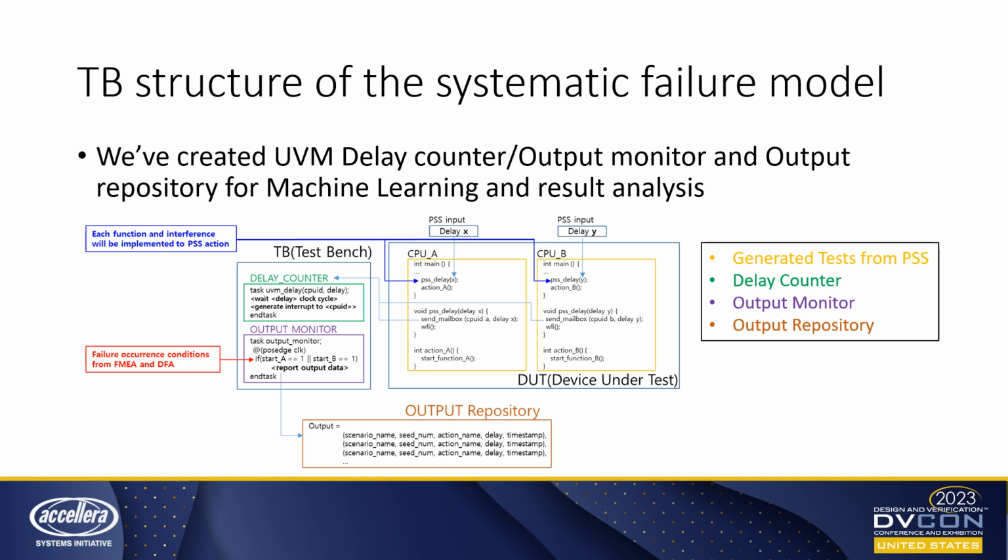If the output monitor detects that the signals happened at the same time, it will report through the log file, log print, the scenario name, seed number, direction, PSS input delay and simulation timestamp information. And this reported output data is gathered into the output repository, as you see in the bottom block.